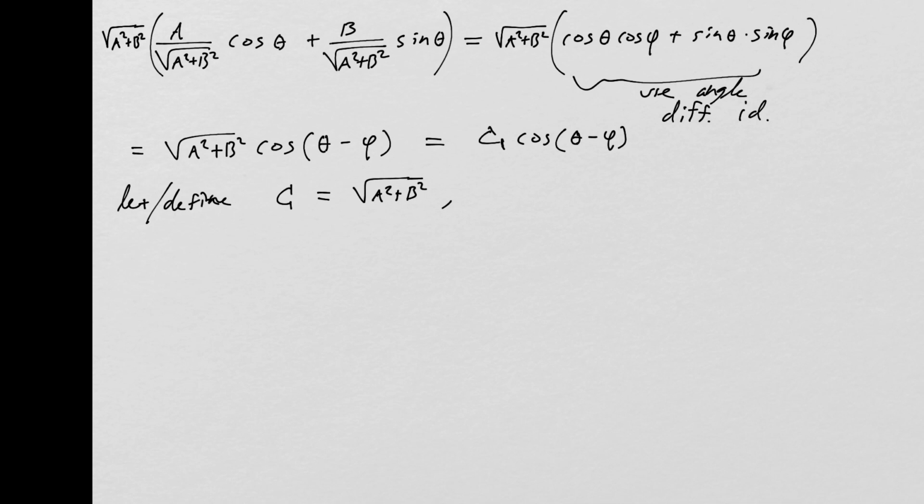The only other thing we have to note then is, okay, how do we find phi? Well, remember that sine of phi was equal to b over the square root of a squared plus b squared.